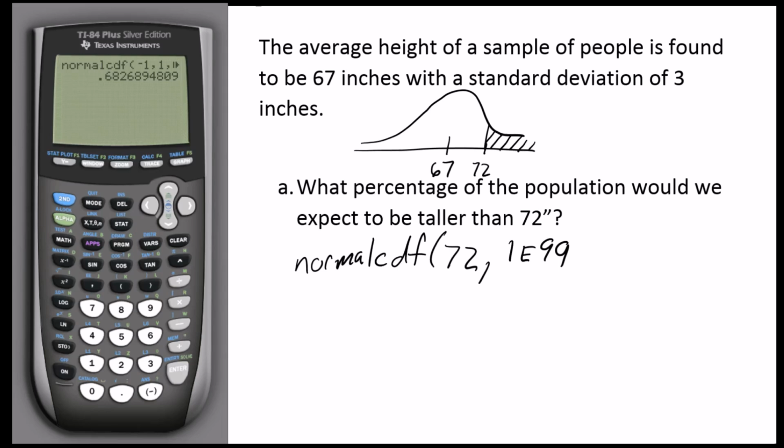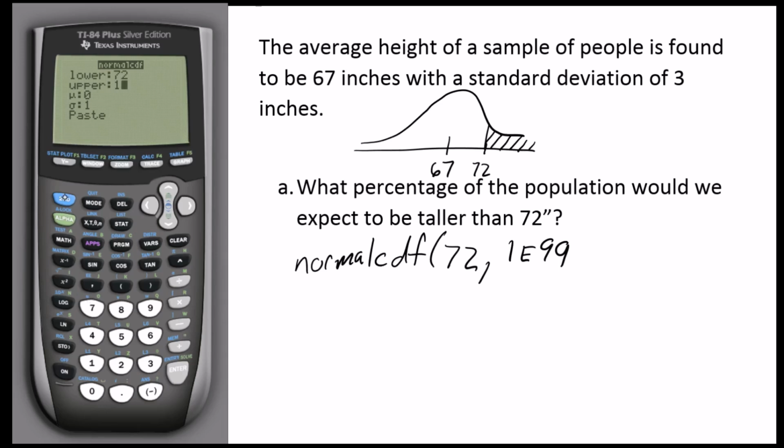So, how do we put that in the calculator? Well, let's go back to normal CDF. So our lower here is going to be 72. Our upper, we want to put 1e99, so we'll do 1. The E button is right above the 7 key on your calculator.